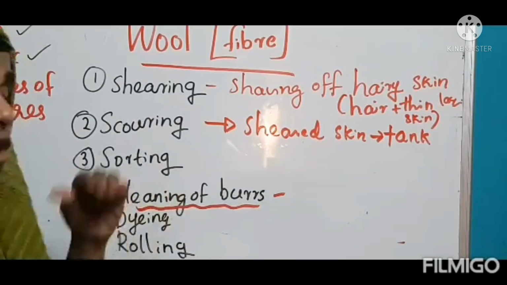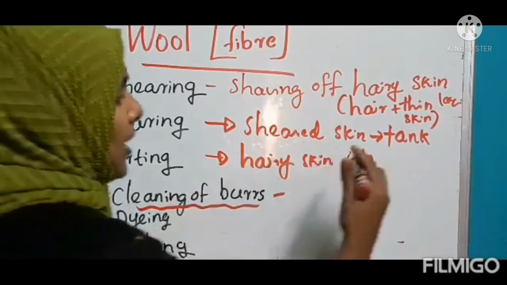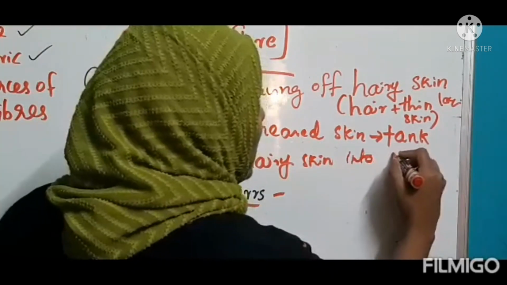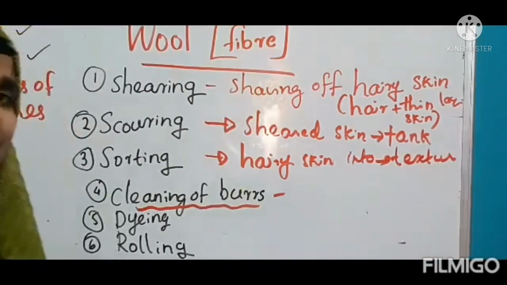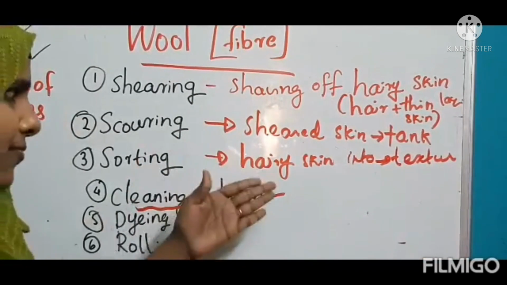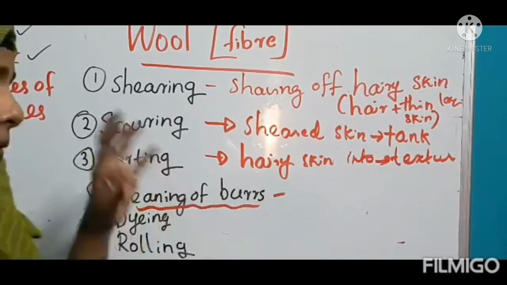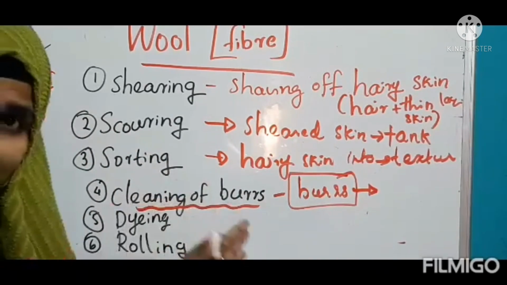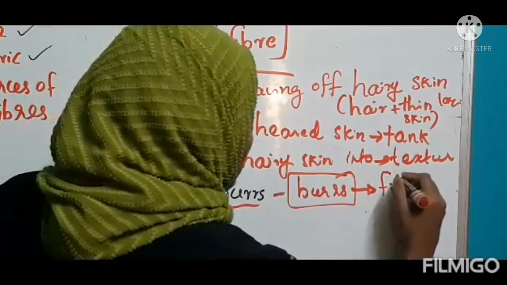After that, sorting. We are sending the hairy skin to different factories based on the texture. Okay, children. Then cleaning of burrs. We clean the burrs, and after that we will get fibers.